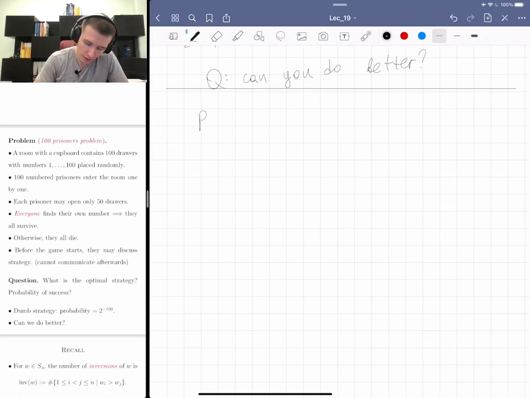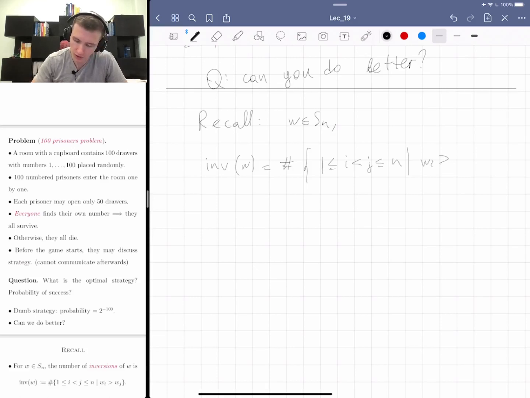Yeah, so, all right, inversions. So remember, we were discussing inversions, and if you have a permutation W in Sn, then the inversions of W are just pairs 1 ≤ i < j ≤ n such that Wi is bigger than Wj.